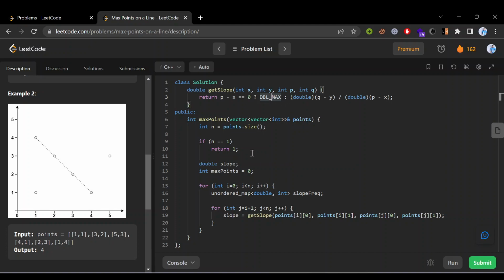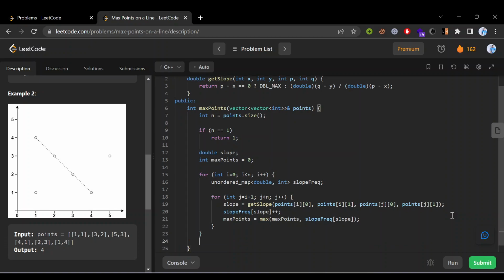So I'll be returning double max. Now for these points, I will say that slope frequency of this slope is now incremented, and max points is equal to max of max points and slope frequency of this slope.